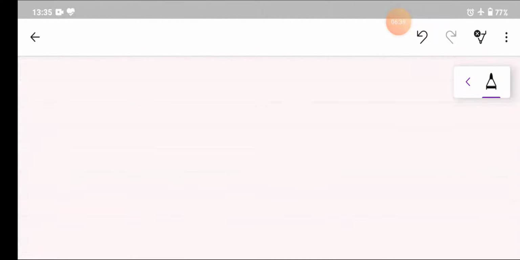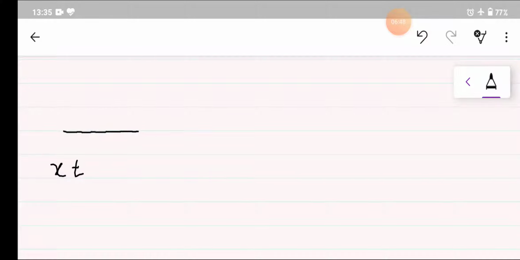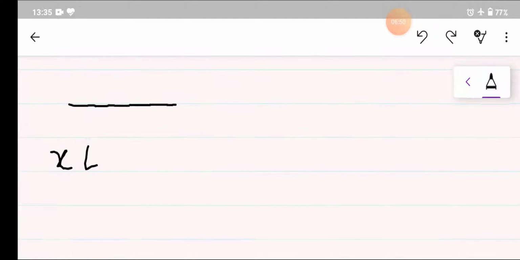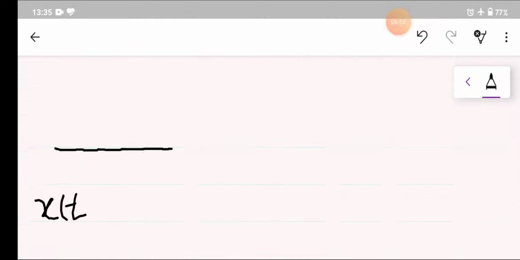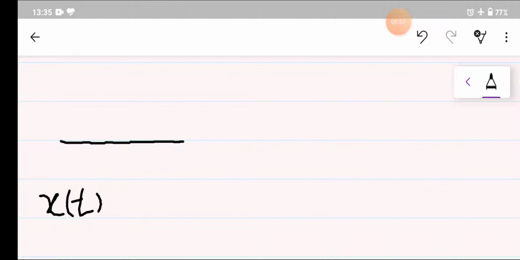If we have the signal x(t) in our continuous time domain, with a sampler we have converted this signal to s(t), which is the sampled signal.